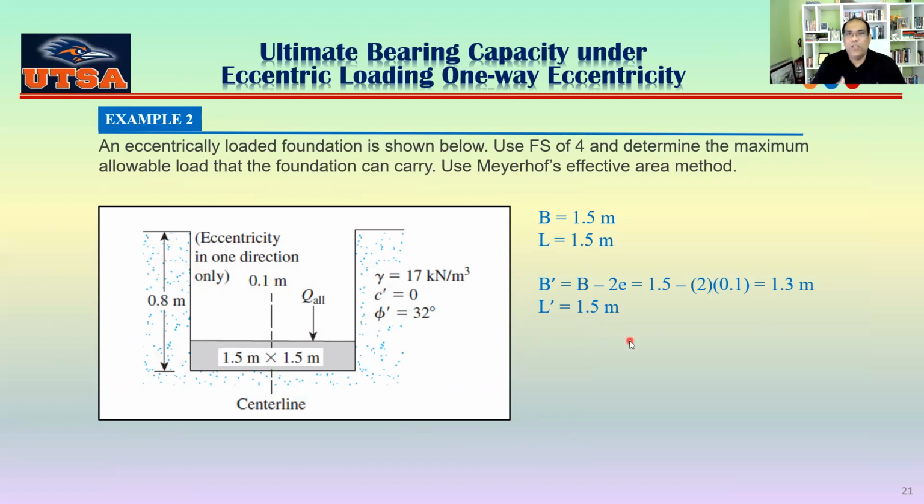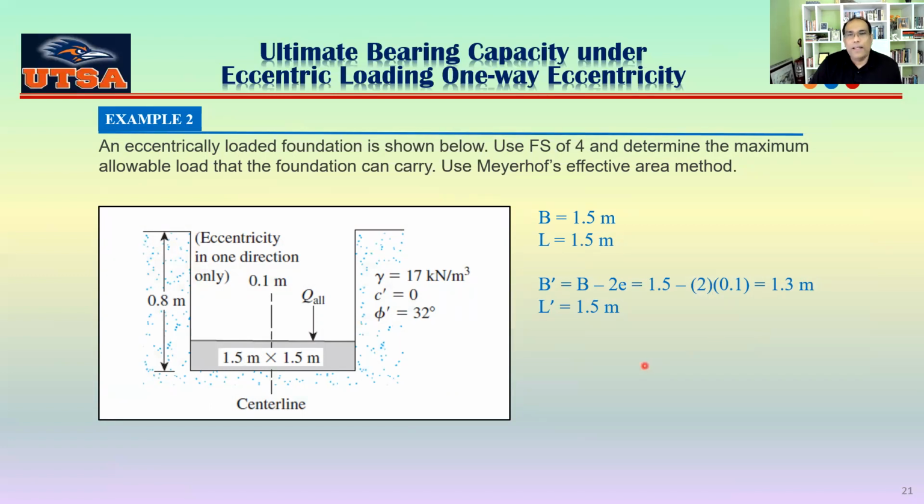Now I have to check, after subtracting the 2e, that L prime must be bigger than B prime. Here L prime is 1.5 and B prime is 1.3, so L prime is bigger than B prime.